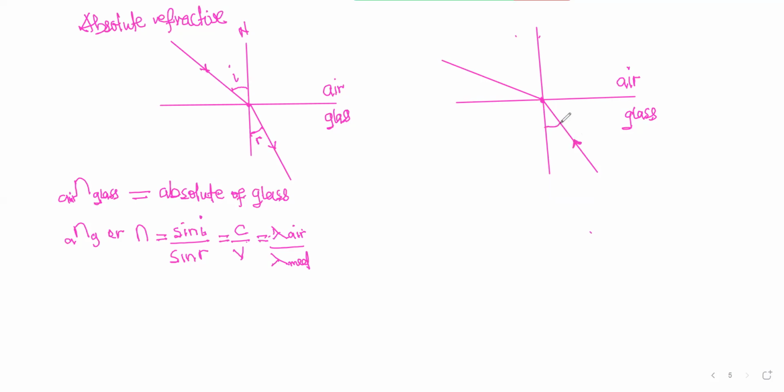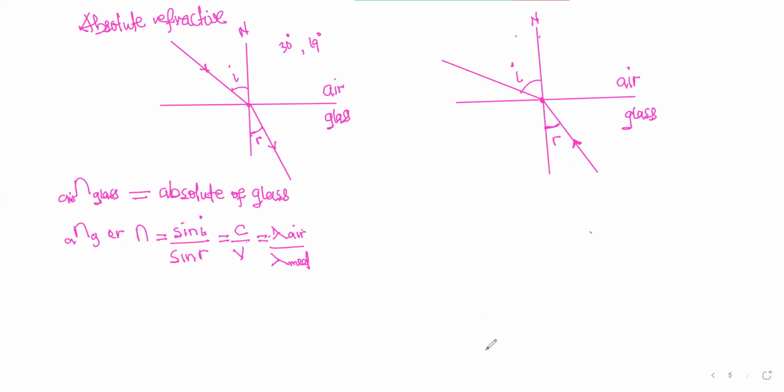Our numerical value of angle of incidence R must give me the numerical value I of angle of refraction. In terms of values, assuming I is 30 degrees, R will be around 19 by experience. So if I incident at an angle of 19, it must give me 30.